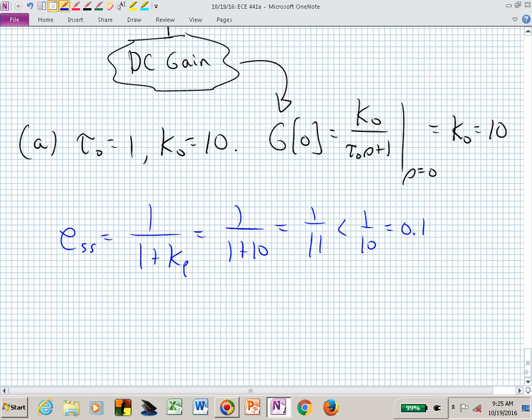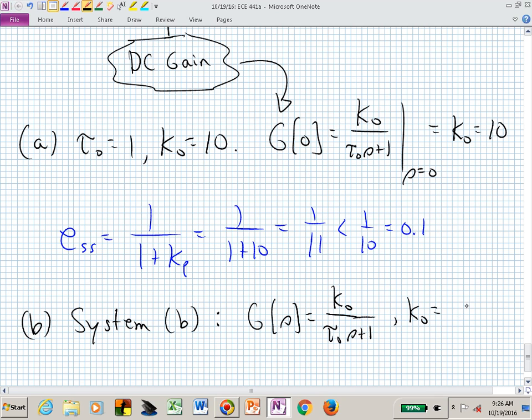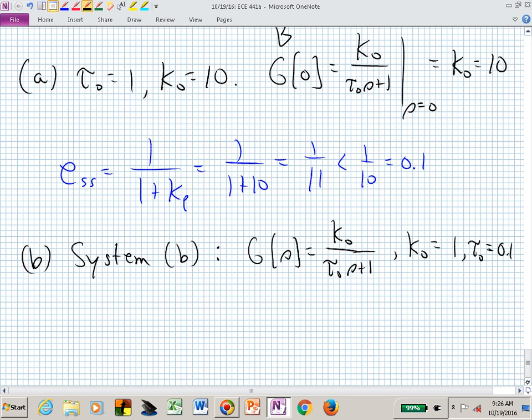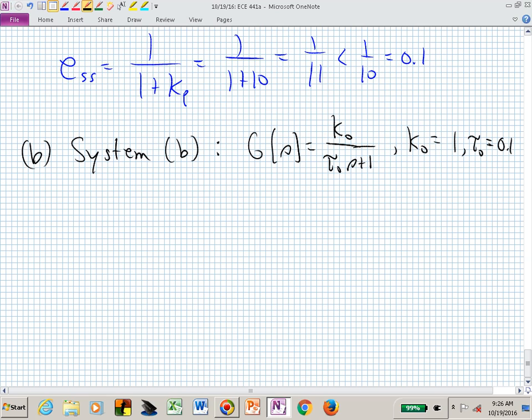What happens if we look at that for system B? System B had different values for K sub 0 and tau sub 0. In that one we had K sub 0 of 1 and tau naught of 10. Now what's the steady state error for this system?